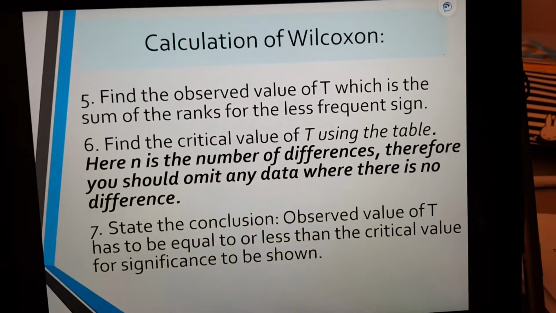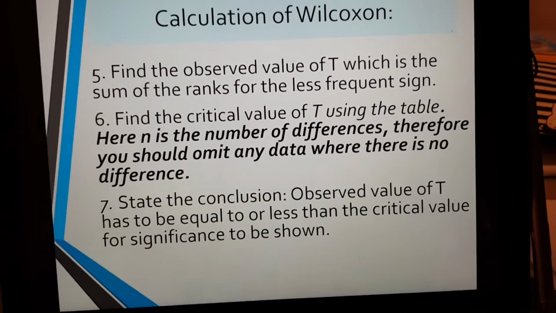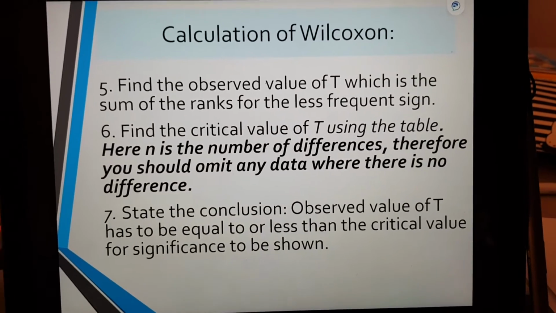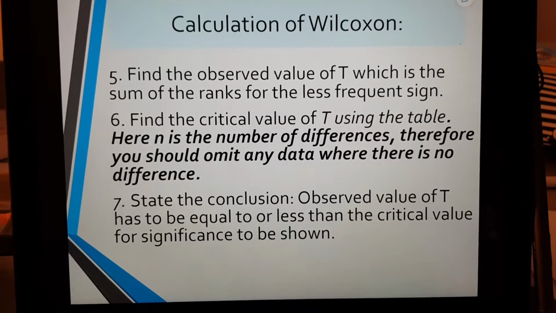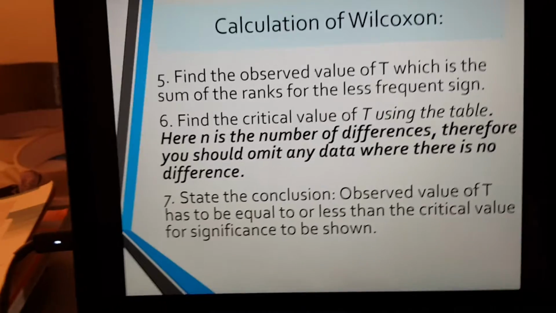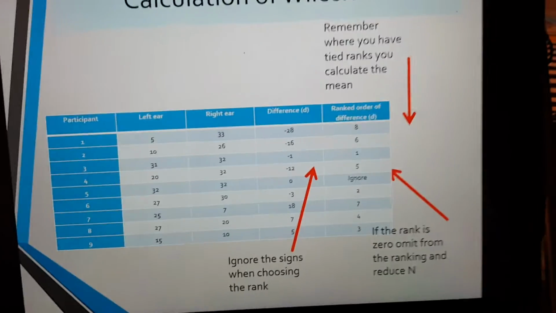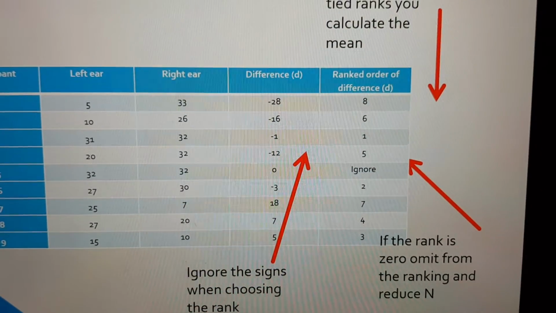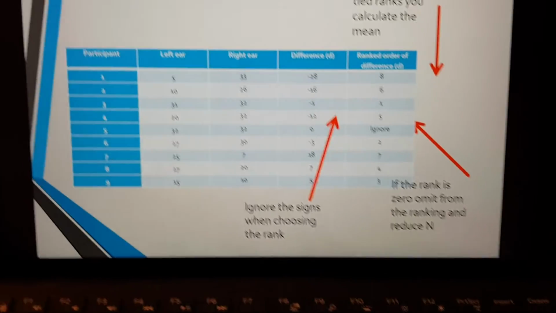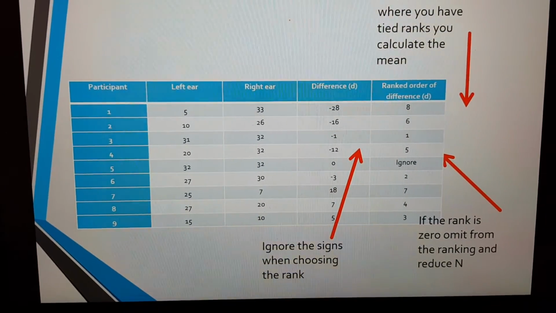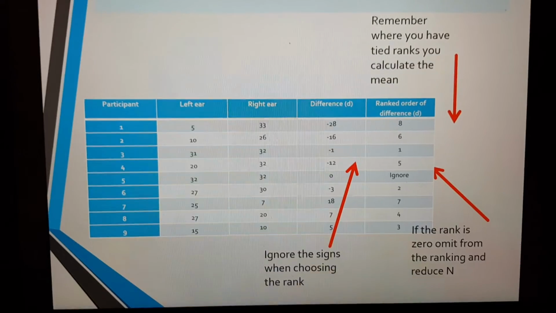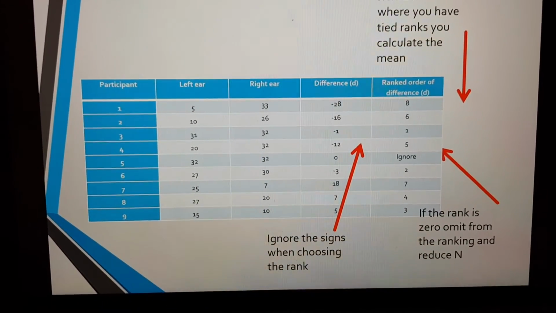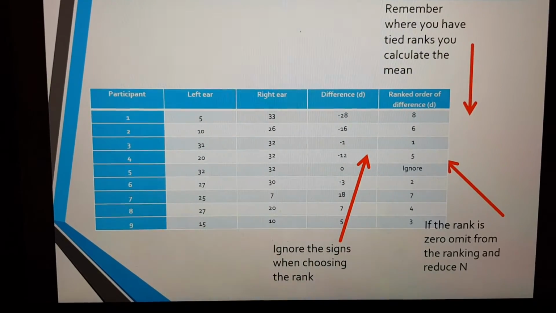So once you've got that table completed, what you're going to do, as it says in number 5, is find the observed value of T, which is the sum of the ranks for the less frequent sign. Here you go back to your signs and count up the number of positives and the number of negatives. You're not doing the difference, you're calculating the ranked order of difference.